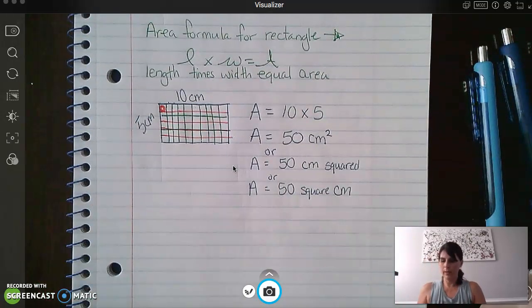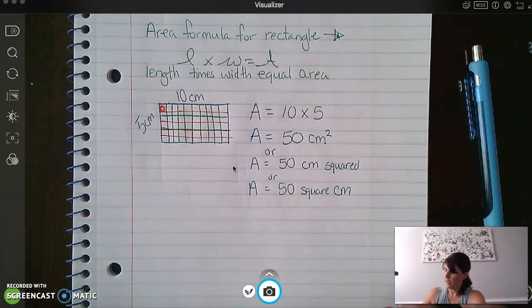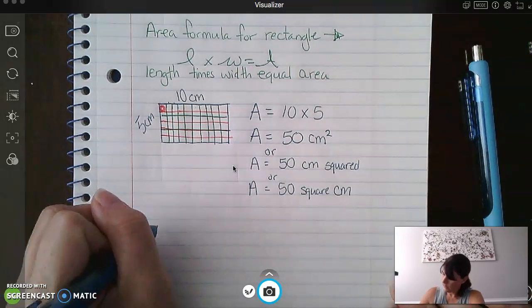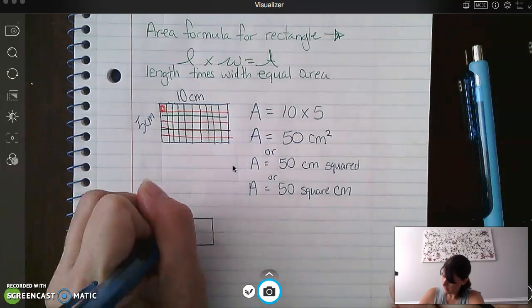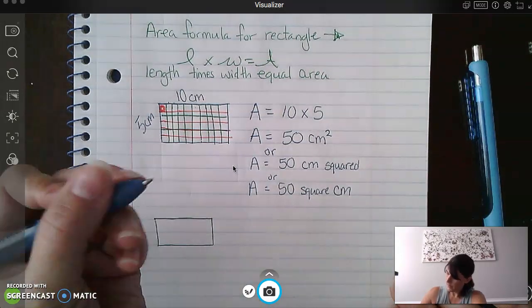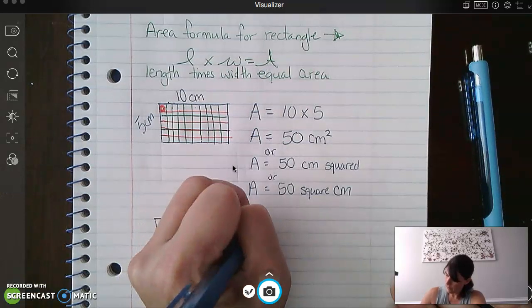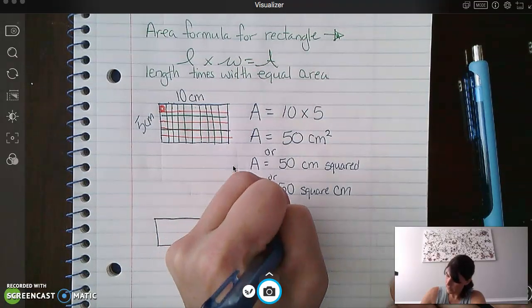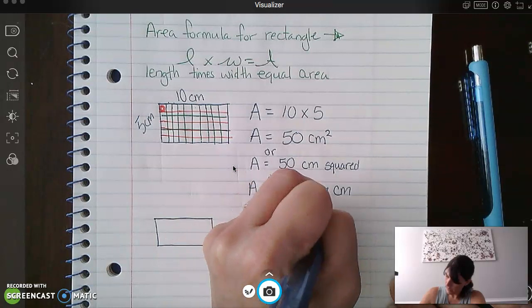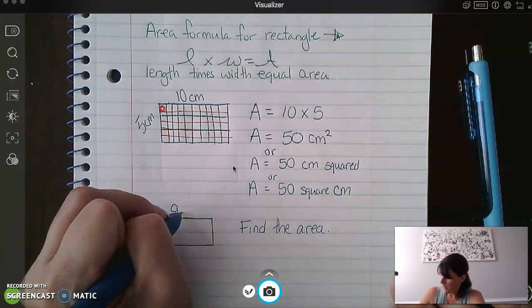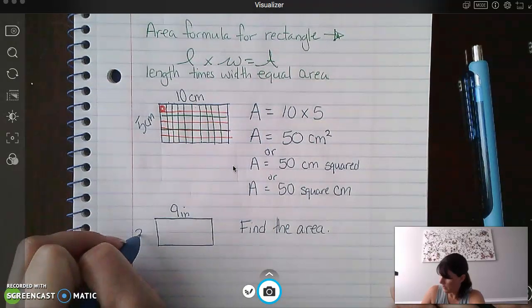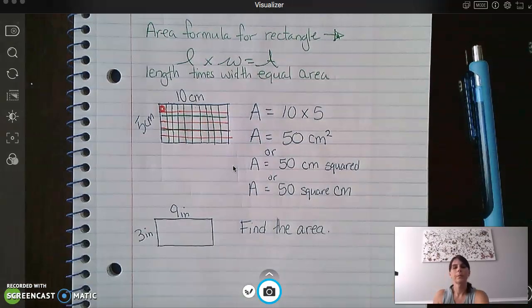Okay, I'm going to give you a rectangle to try. And so let me give you a rectangle here. And the directions for this would be find the area. And let's say that this is 9 inches by 3 inches.